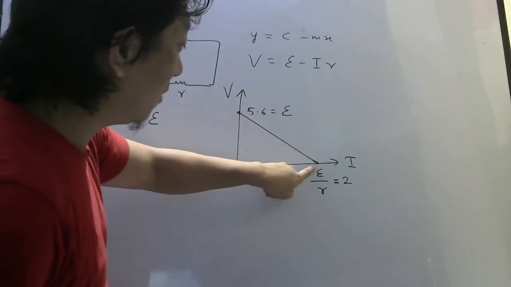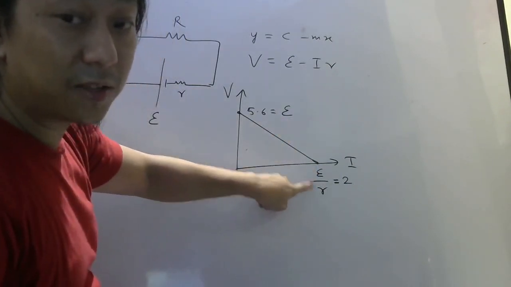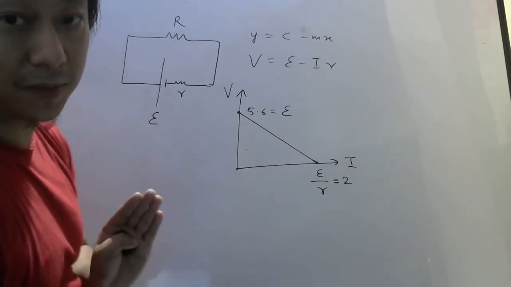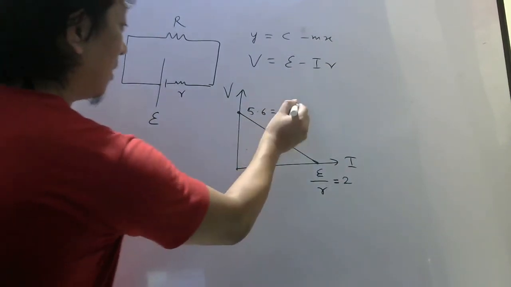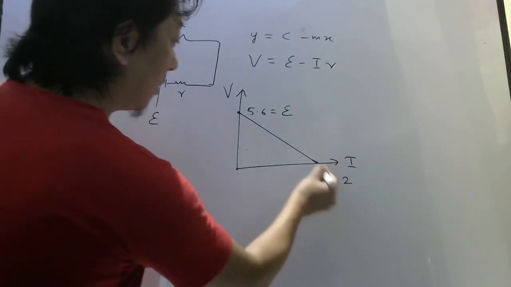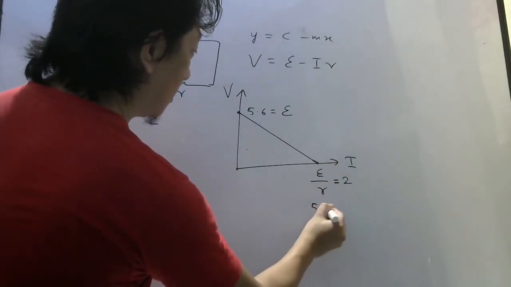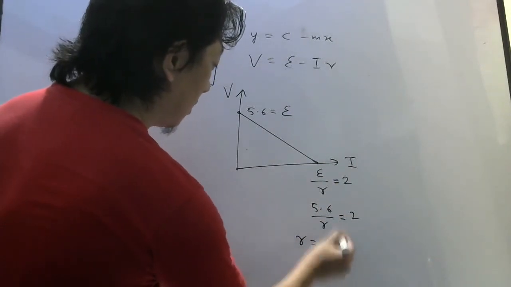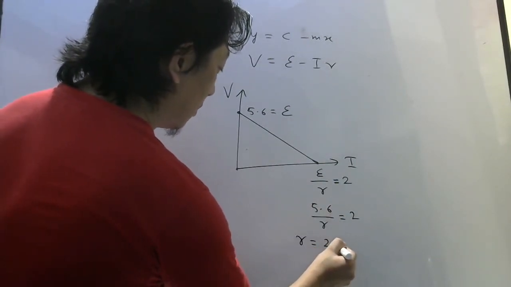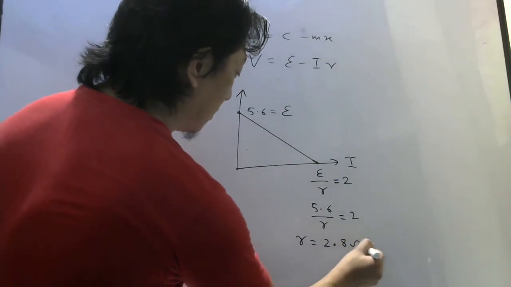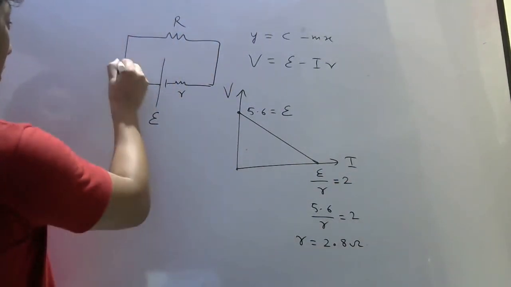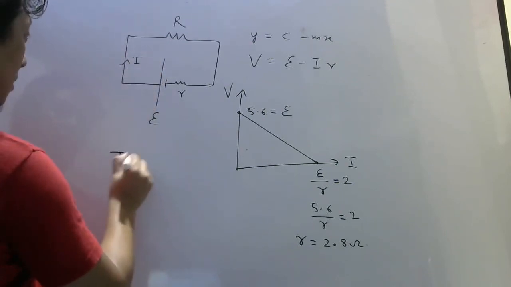And this number will be E equivalent divided by small r equivalent if it is more than one cell. Understood? So from here E we know, and from here E by r we know. So 5.6 divided by small r will be 2. So small r will be 2 2s are 4, 2 8s are 16. So 2.8 ohm.